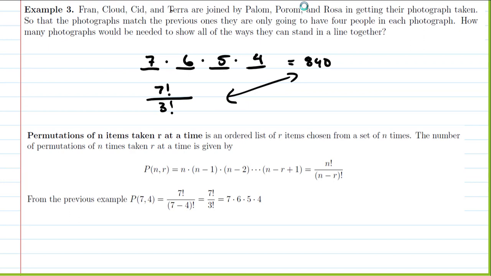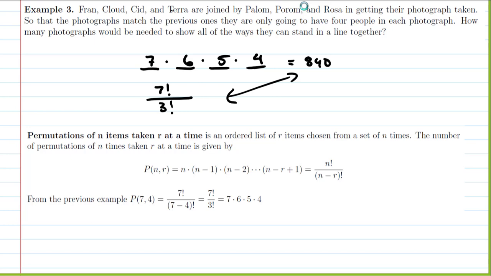Well, that's exactly what we did right here. That's this part. Or we can realize that same formula by doing n factorial over n minus r factorial.